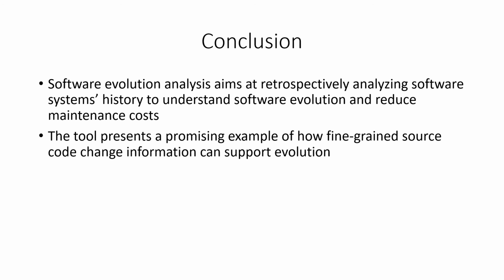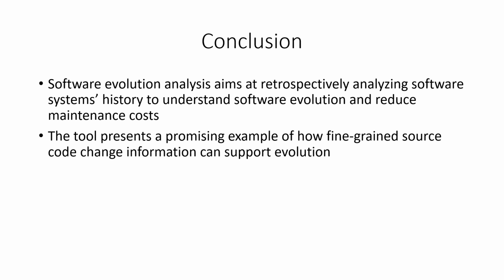Here the tool presents a promising example of how fine-grained source code change information can support evolution analysis. This tool works efficiently in identifying recurring changes like common bug fixes, and also provides deep insights into how software evolution takes place. It is very crucial for any software management, as these changes help in efficient maintenance of the software.